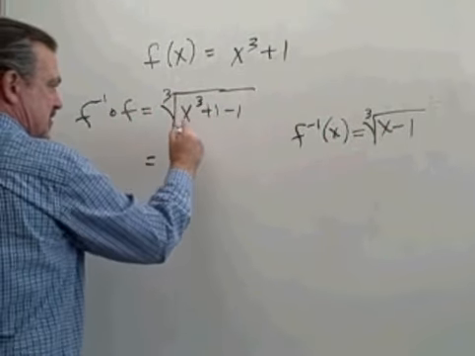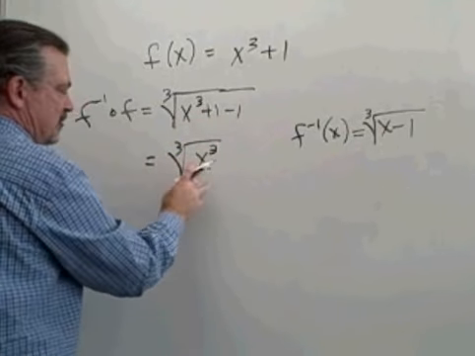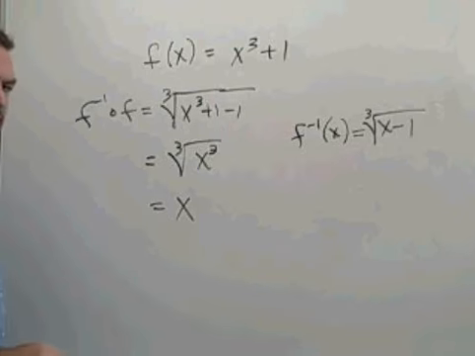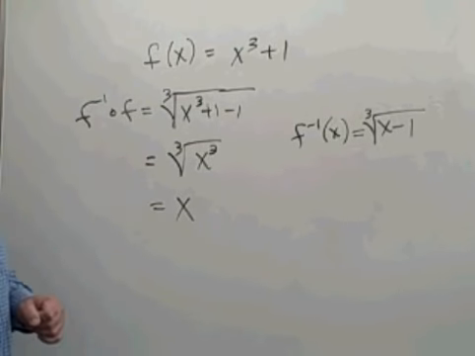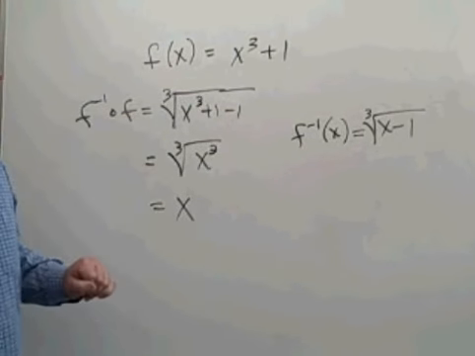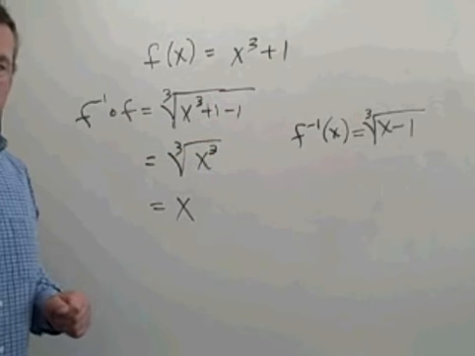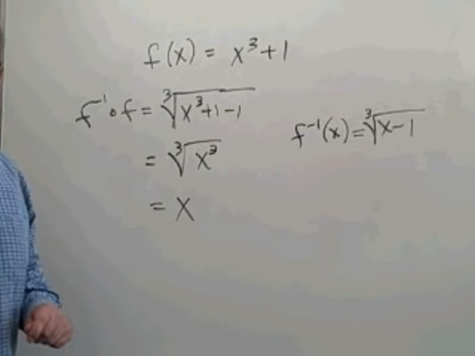Plus 1 minus 1 just gives me x cubed. And the cube root of x cubed is simply x. And there's the second half of our proof, showing that f inverse composed with f equals x as well. So here we went through our process to find the inverse function of that original function and demonstrated that indeed we had correctly found it.